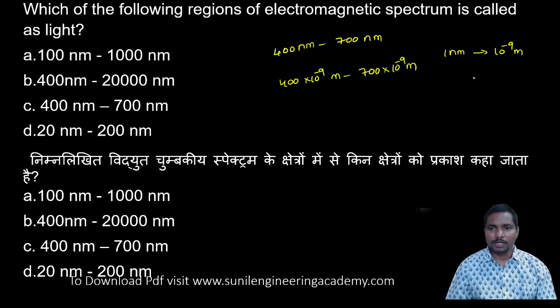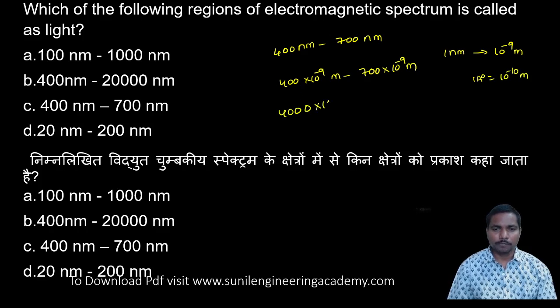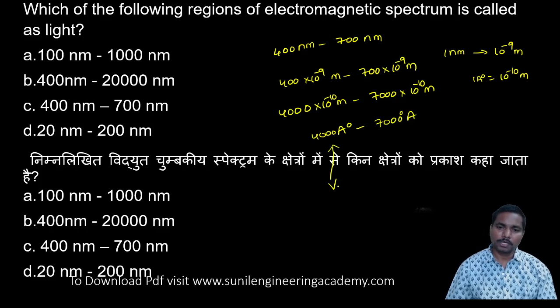We know very well 1 angstrom unit is equal to 10 power minus 10 meter. So to make that, I am going to add a 0 here: 4000 into 10 power minus 10 meter, 7000 into 10 power minus 10 meter. So you will get 4000 angstrom unit to 7000 angstrom unit. In the VIBGYOR colors, 4000 belongs to violet and 7000 belongs to red. You know very well the VIBGYOR colors.